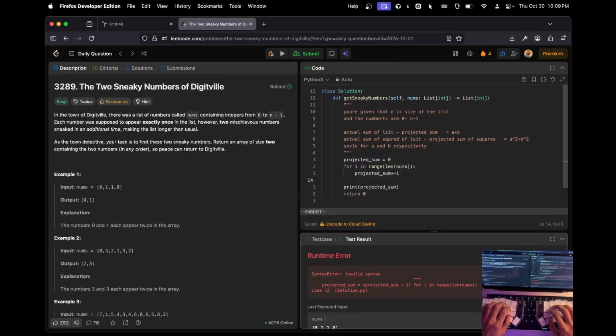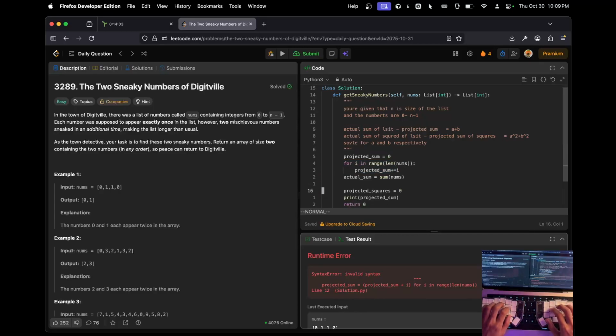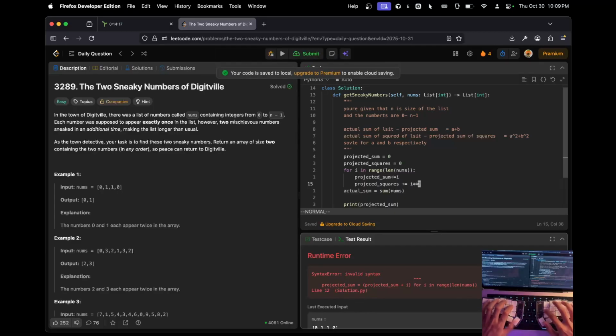And then your actual sum is going to be the sum of nums. Projected squares are going to be like the same thing, so we can just combine these together. And then we're going to add the squares of i, to the power of 2. And the actual squares would just be iterating through nums.